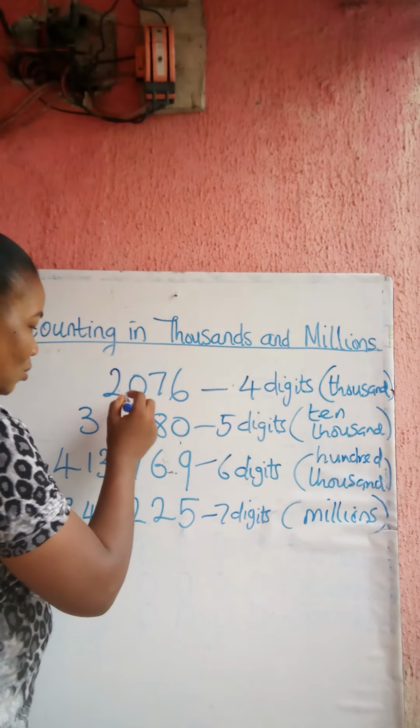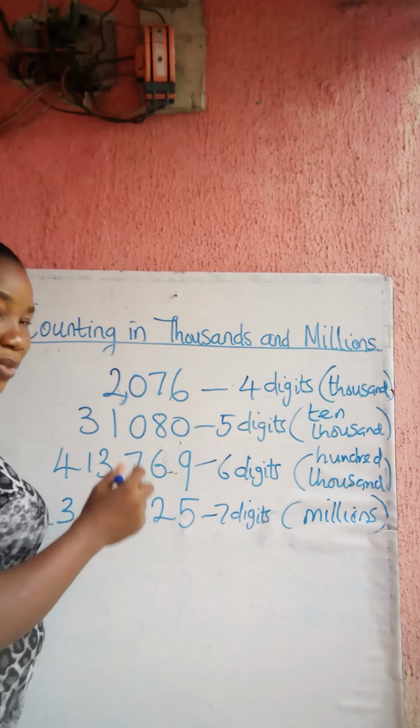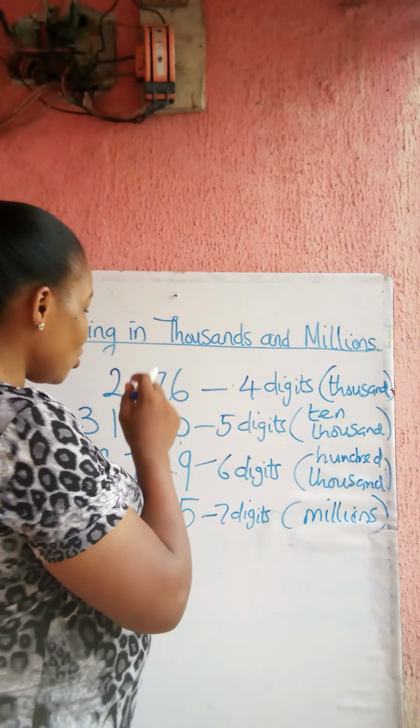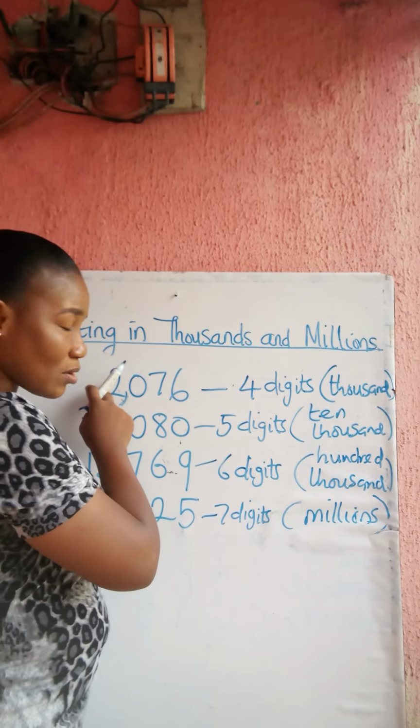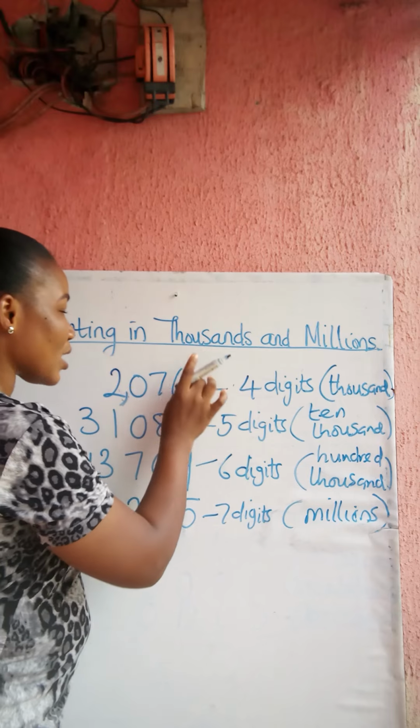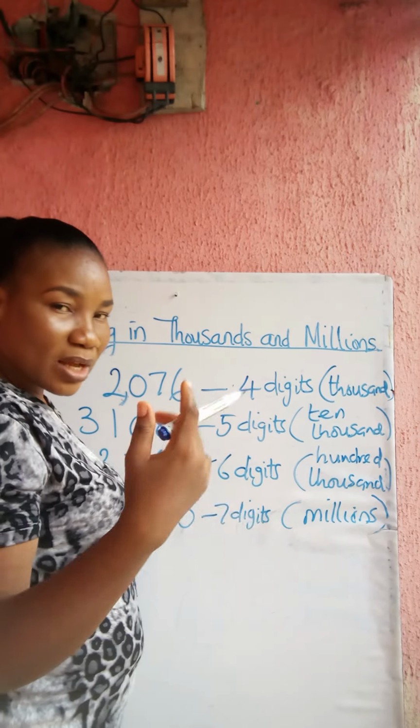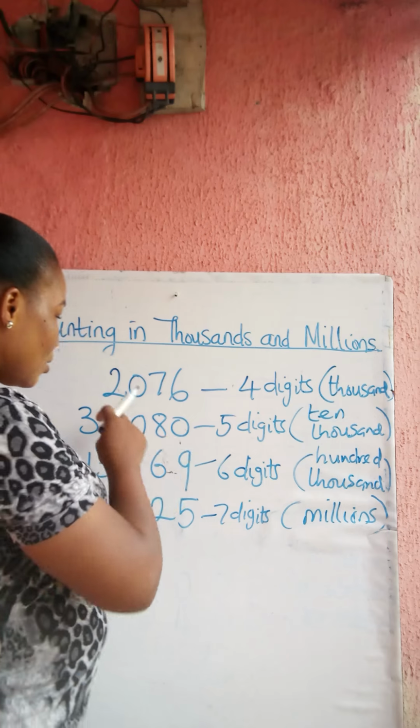Then we separate it with our comma. Separating it with this comma shows that we read the first number before we take these other 3 together. Now listen to me as I read the number.